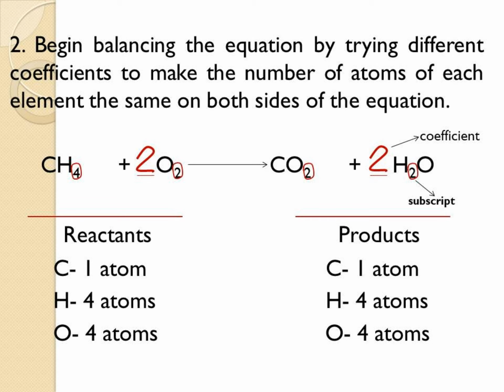So we can see a number written at the lower right side of an element. This is called a subscript, while the number placed at the beginning, in front of the element symbol, is called the coefficient.